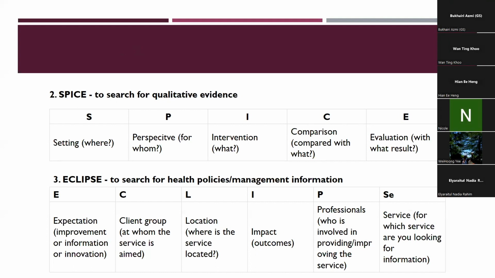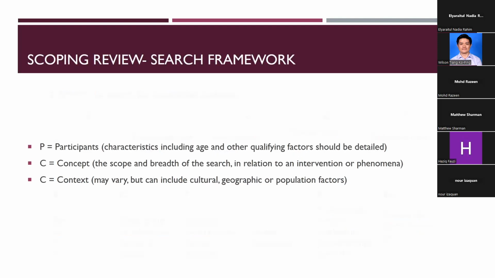If you have a qualitative study that you are going to do later on, you can use SPICE. If there is a study looking at health policies or management information, you can use ECLIPSE. So there are different types of frameworks, but I'm not going to touch all of them because I think most of you will be doing a quantitative research design, because that is the fastest, I guess. I know you have a limit of time to finish your dissertation.